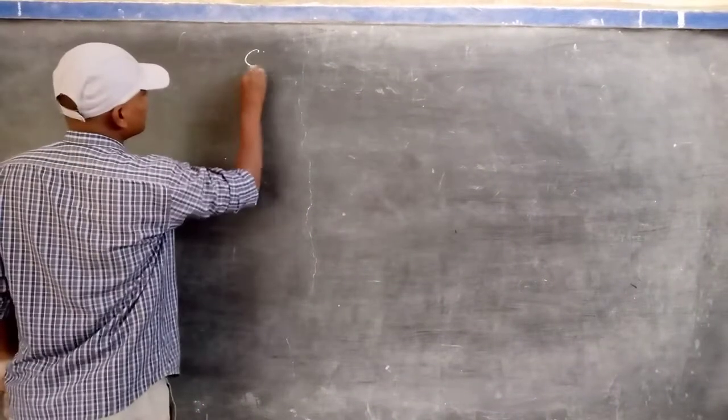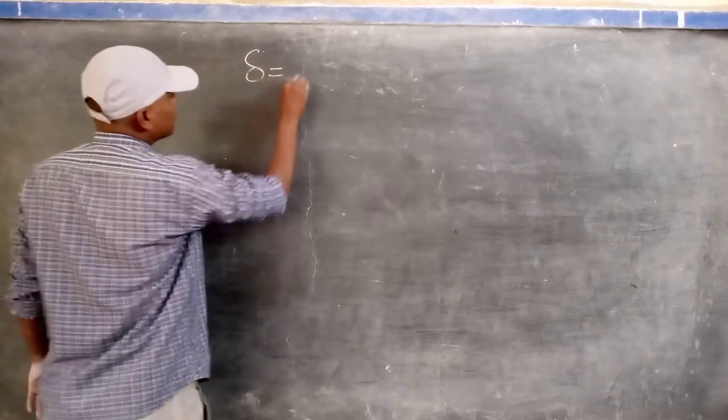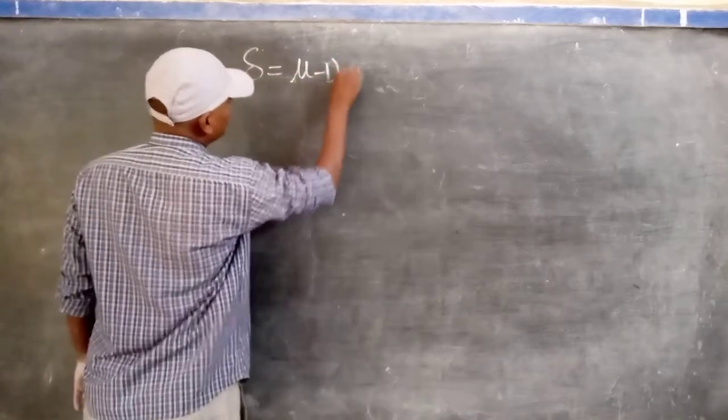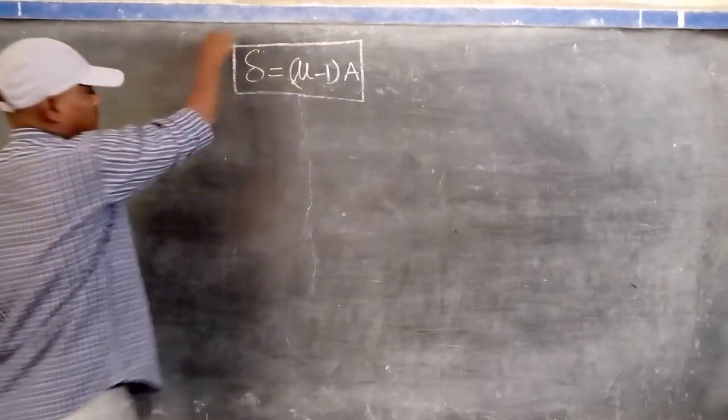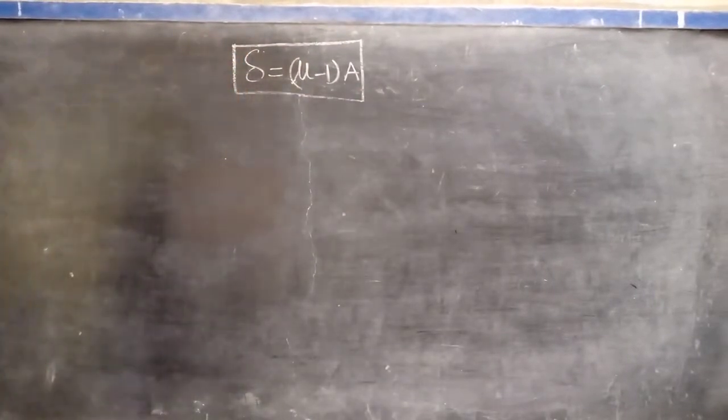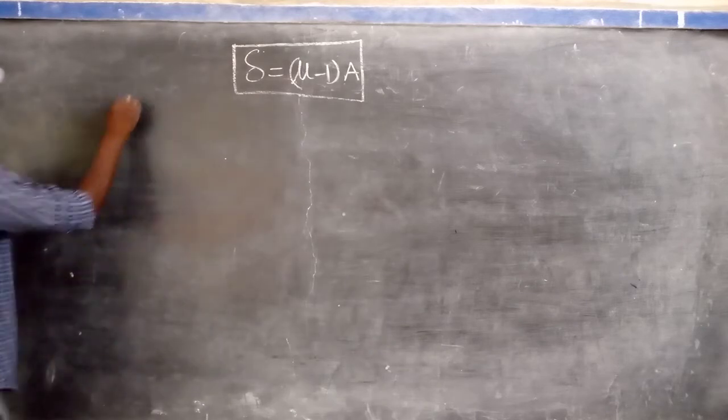So our formula is deviation angle is equal to mu minus 1 into A. This is the formula. Case 2.